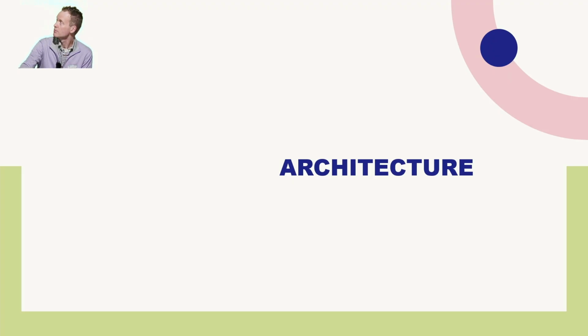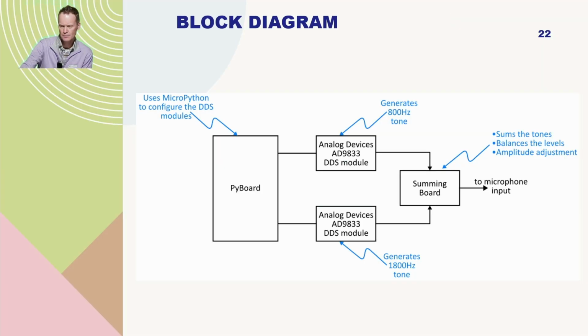Okay, with that in mind, we can jump into having a bit of a look at the architecture. So there's a block diagram of the architecture for the device. The heart of the system is really these Analog Devices AD9833 DDS modules. I've got one of those producing an 800 Hertz tone and a second one producing an 1800 Hertz tone.